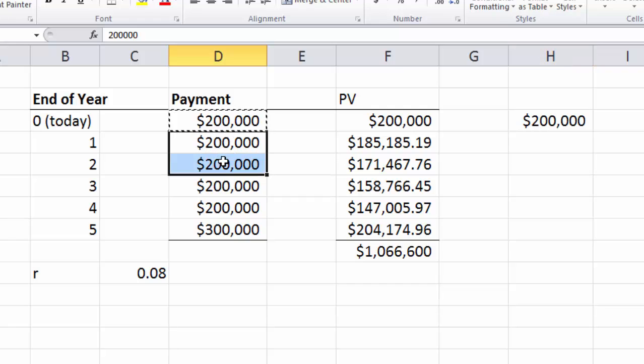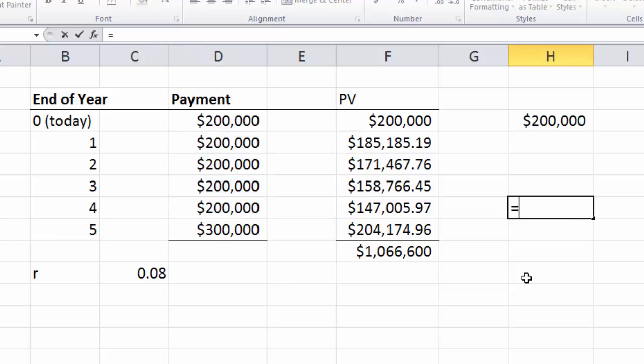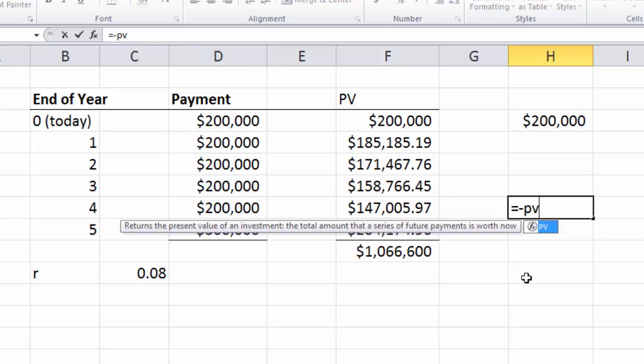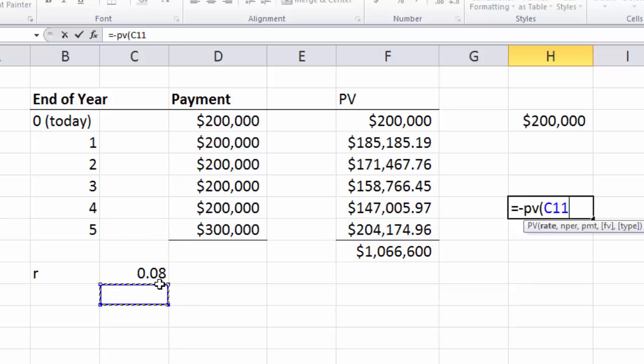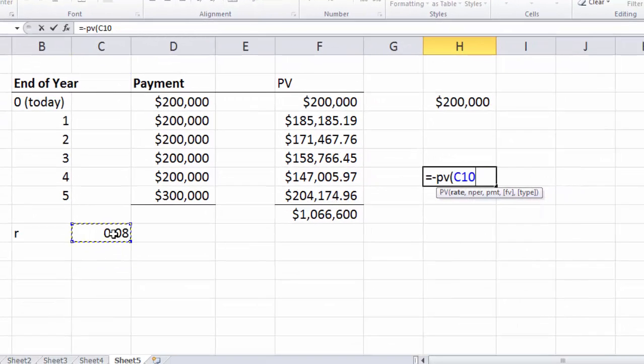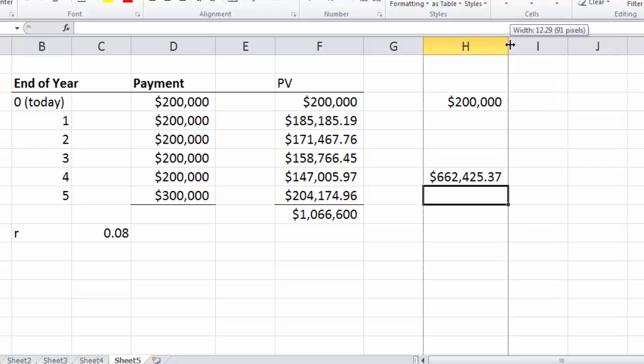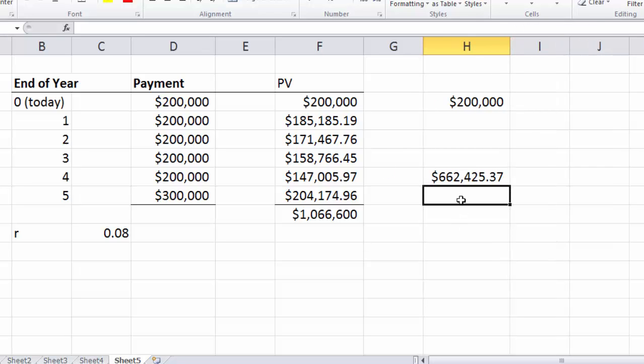These 4 payments of 200,000 are just like an annuity. So we say equals the negative present value of rate 8%, number of periods 4, payment is now 200,000, future value 0, because we've already plugged in that this is a recurring payment, and the type end of period. The sum of those is 662,000.